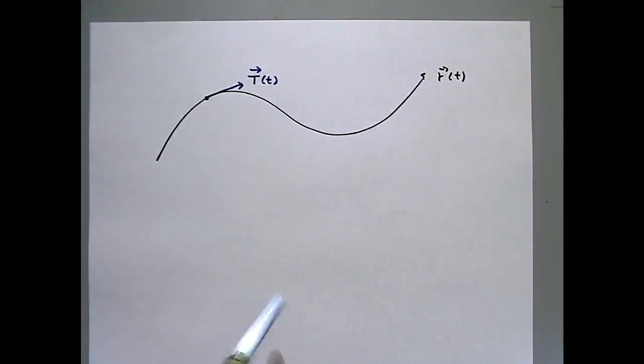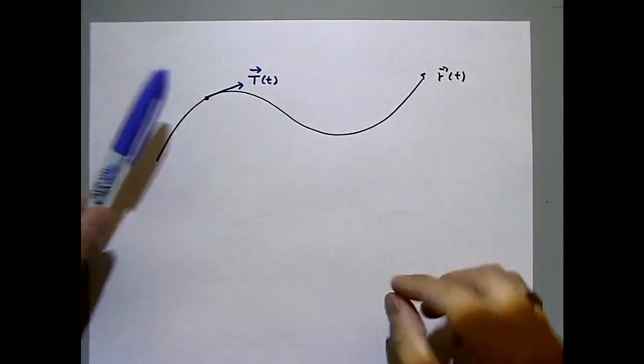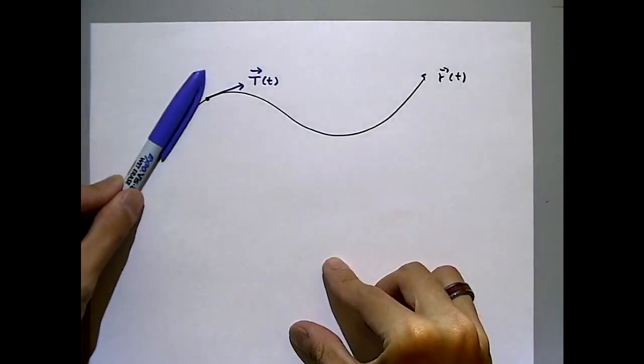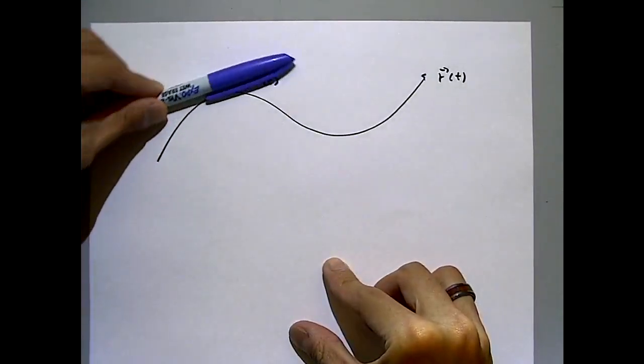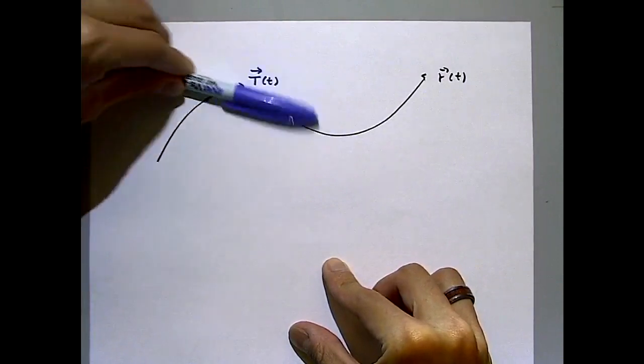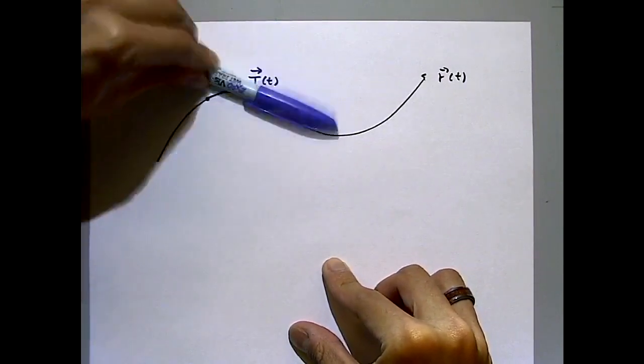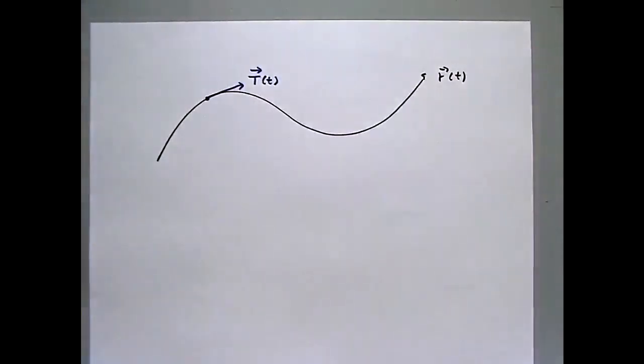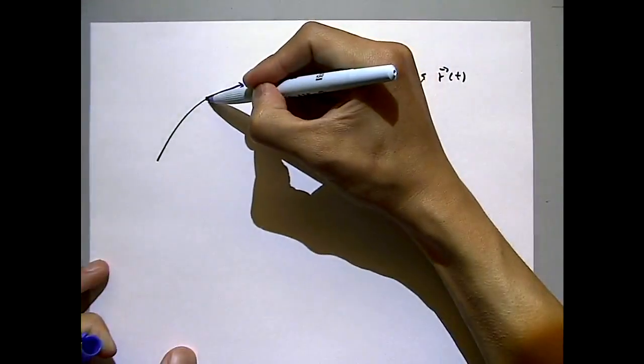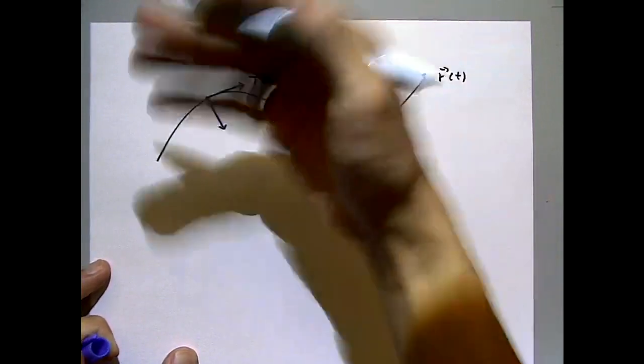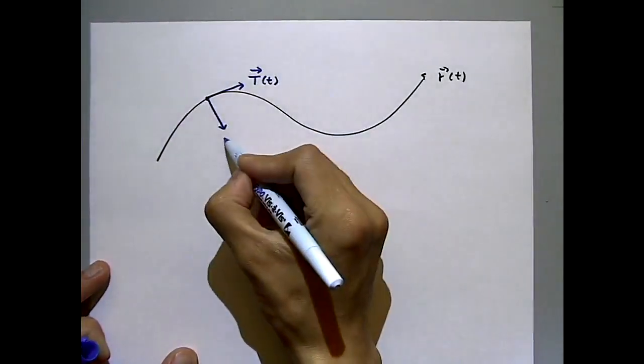So if you look at this curve right here, as I move through it, my tangent vector is going to have to turn to the right in the first half of this curve. And that means I need some kind of change going into that curve. And in this case, T prime would point this direction.